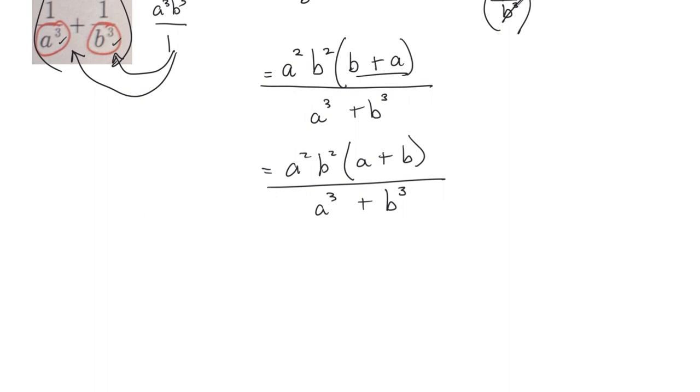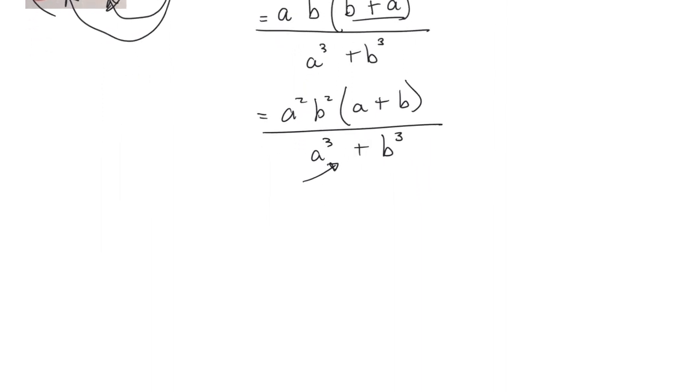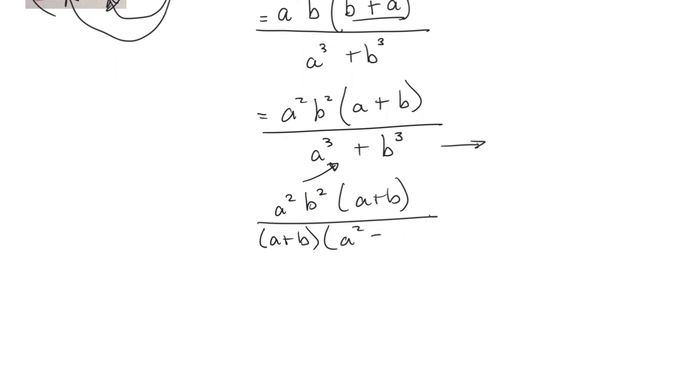Now I recognize the bottom here as being a sum of cubes, and so I'm going to factor that. So A squared B squared over A plus B. This is a sum of cubes, so when I factor it according to that formula, it'll be A plus B and then A squared minus AB plus B squared.